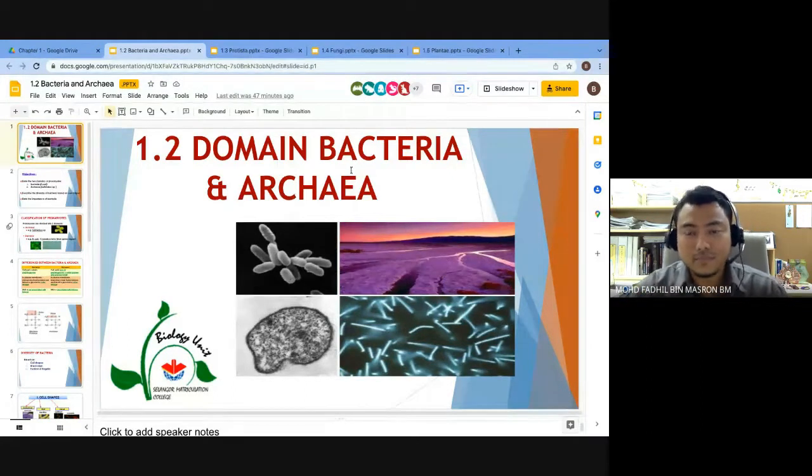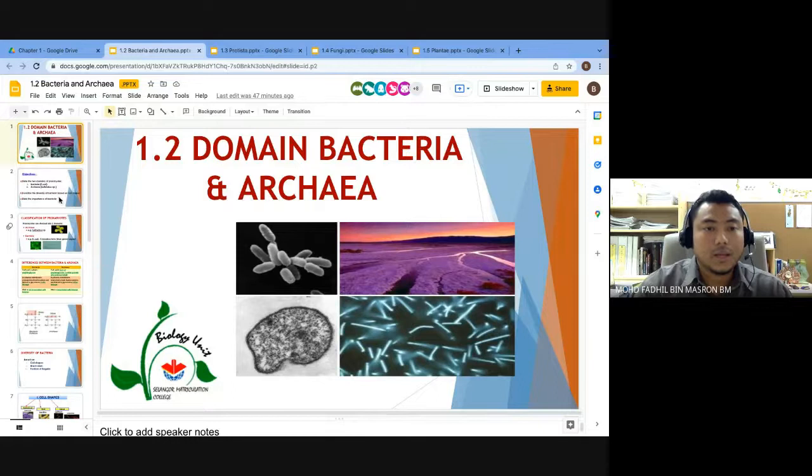Now we are talking about bacteria and archaea because they are both prokaryotes, and we put them in one small subchapter because there is not much to be discussed about them in detail, even though they comprise many species of bacteria and archaea out there.